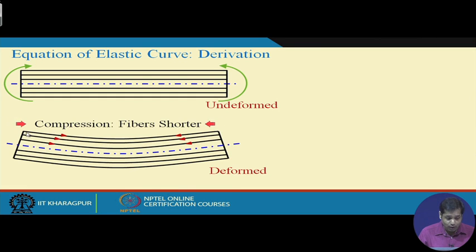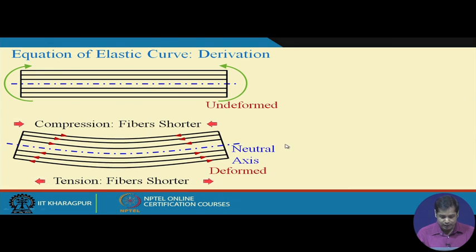Above the neutral axis, all these planes or fibers are under compression, so their length decreases, whereas all the fibers below the neutral axis are under tension. This is not shorter, this is longer. There is a typo here, please note, this should be longer. So this is in deformed configuration.